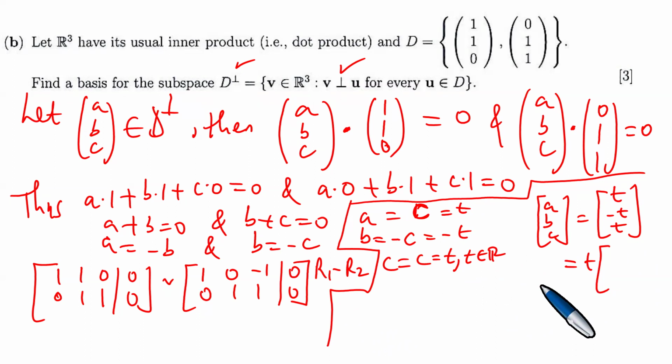If you first pull out T, then you're going to have 1, minus 1, 1. But then you can also pull minus T out. If you pull minus T out, then you have minus 1, 1, minus 1.